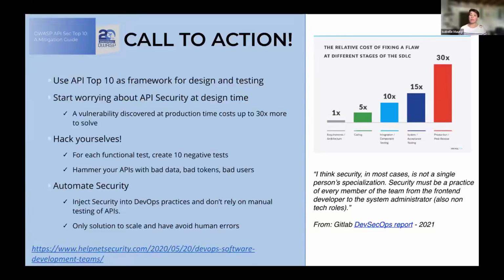But the key thing is to catch those errors, and we want to catch them as early as possible in the life cycle. So define processes and automate them iteratively. That's a lot of work, I know, but start small and do this along the life cycle, and you will see our API quality and the API security is going to improve tenfold.